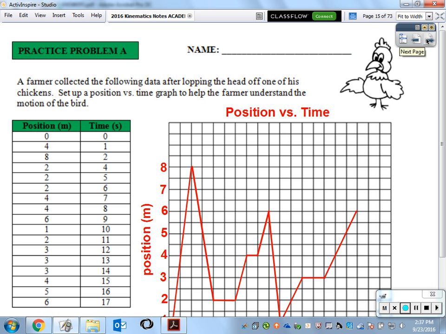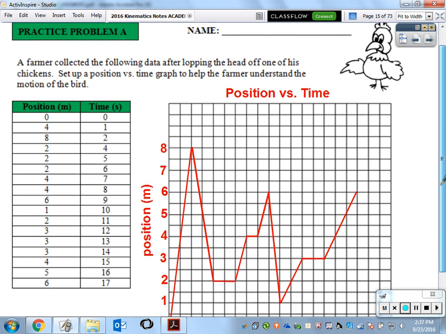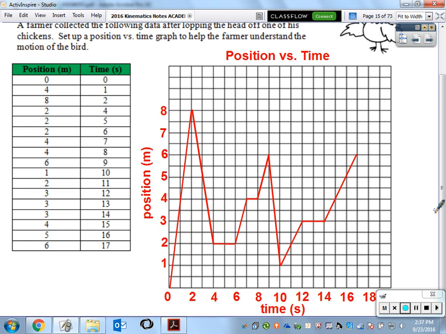Okay, so very quickly, let's take a quick check-in at our chicken graphs. Certainly we should have the label of where we are. We have our title, position versus time, our x-axis label of time in units of seconds, and our y-axis, position expressed in meters.